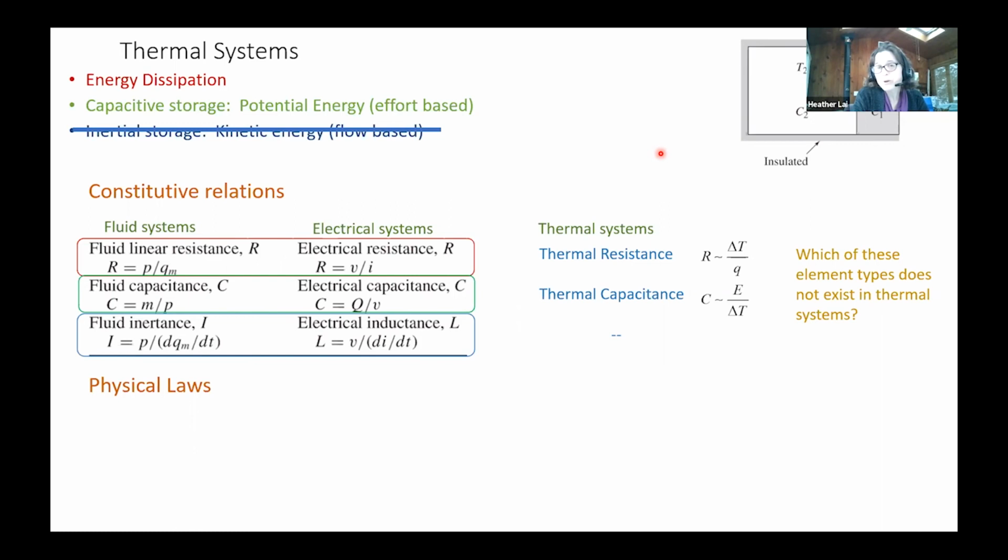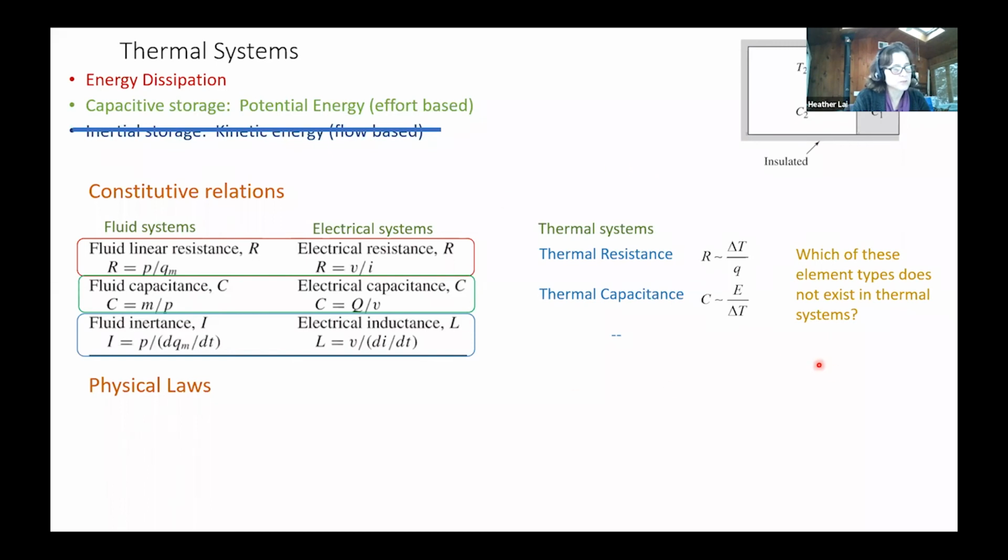And so at that point, we can have a good conversation, right, about why is it that with fluid systems, electrical systems, mechanical systems, we always have this storage of energy due to motion, but now all of a sudden we don't have that anymore. Okay, and that can help spur students on to a better understanding of just the nature of heat flow and what's happening as you have a thermal system.